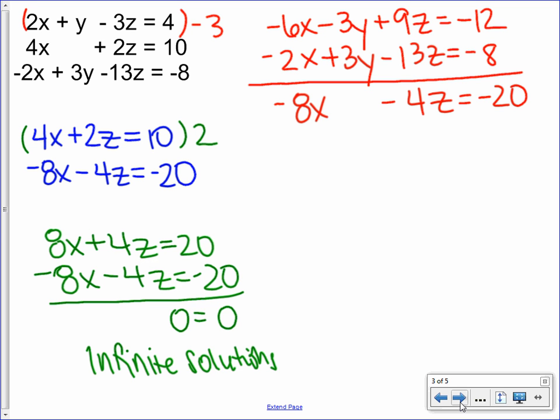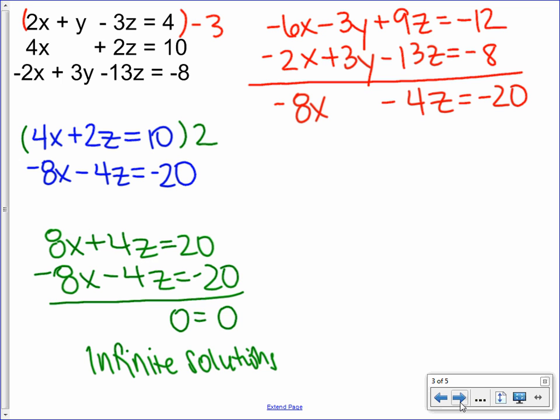Since we're down here and we have x's and z's, I'm going to pick one of these to be a. Does anyone have a preference? X? Somebody else? Okay, doesn't matter. It's not going to matter as long as we have a relationship.